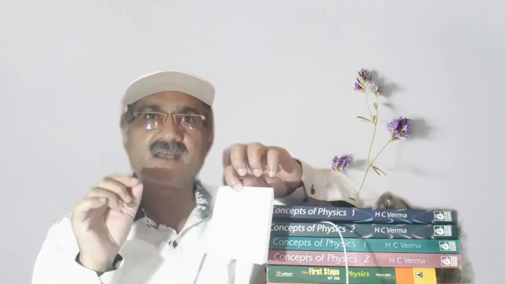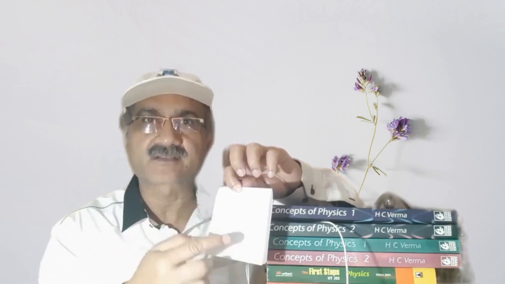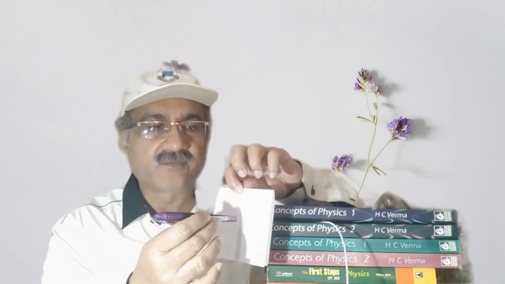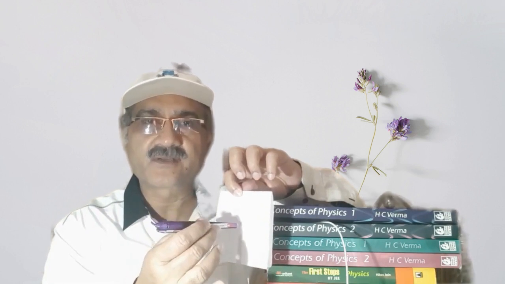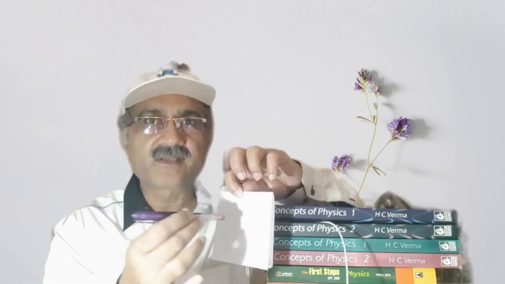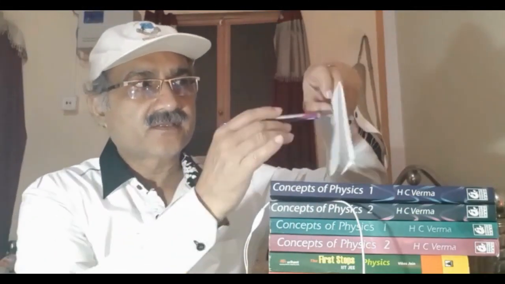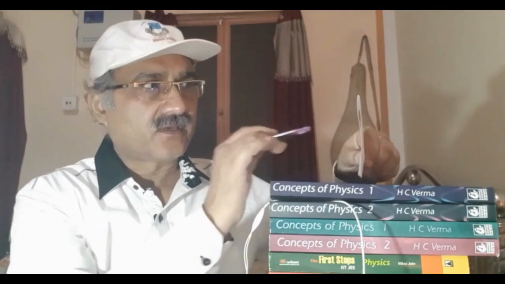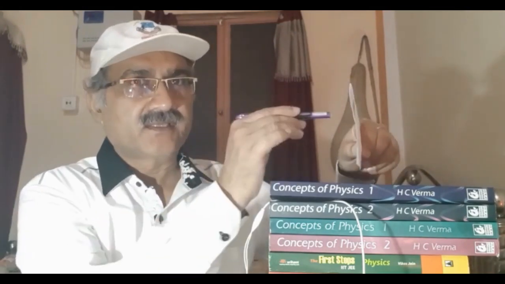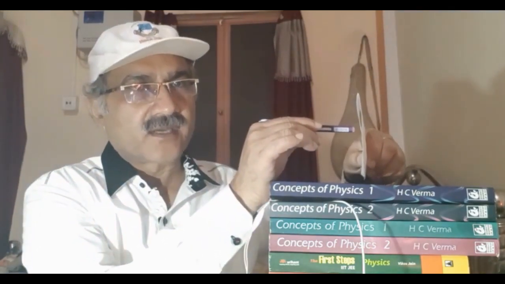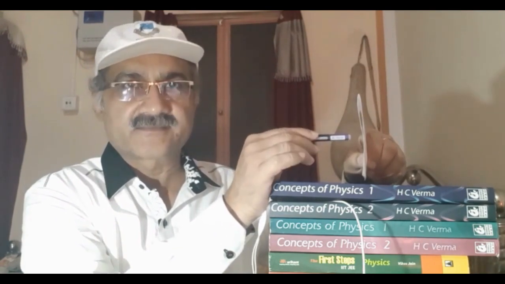Okay, now they needed a direction. A direction had to be assigned to this area vector. So what they decided is that a normal to this area, that is perpendicular to this area, will give the direction of this area vector. Okay, so for example, if the area is facing me, then the perpendicular on this, that is this direction towards me, will be the direction of this area vector.